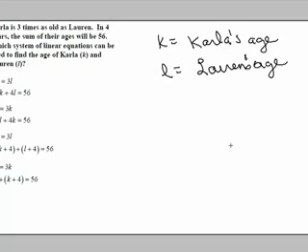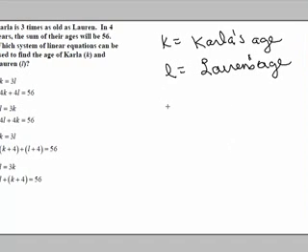The first sentence says Carla is 3 times as old as Lauren. So to get Carla's age, you would multiply Lauren's age by 3. So I know that Carla's age will equal 3 times Lauren's age.